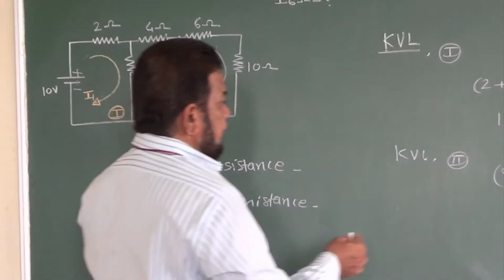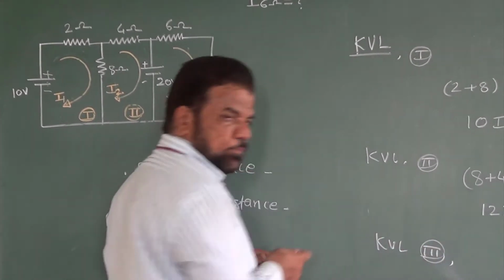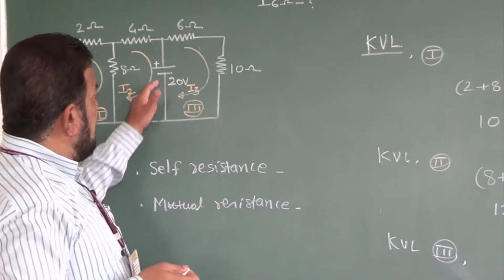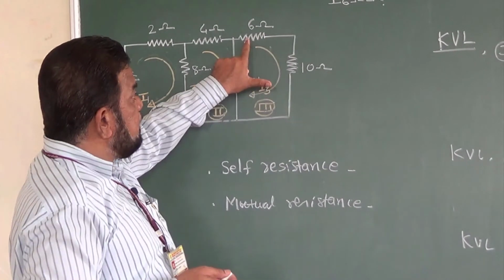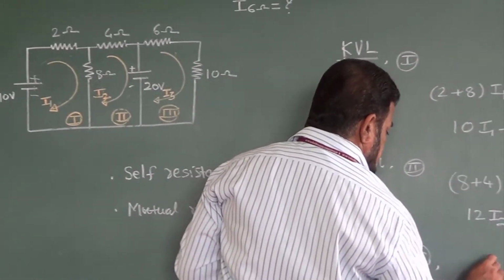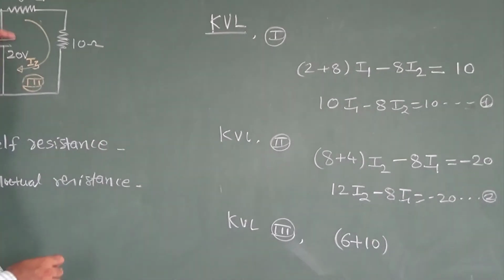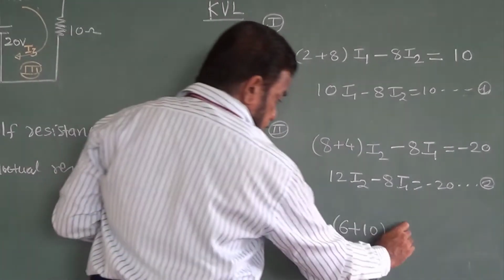Now I have to apply KVL to the third loop. When I am applying KVL to this loop, the self resistances are 6 and 10. So your resistance is 6 plus 10, that is 16, and the current flowing through this third loop is I3.